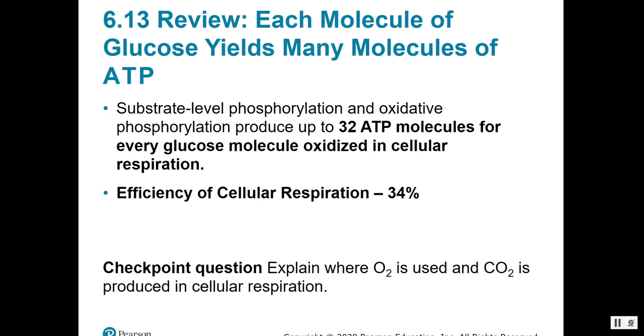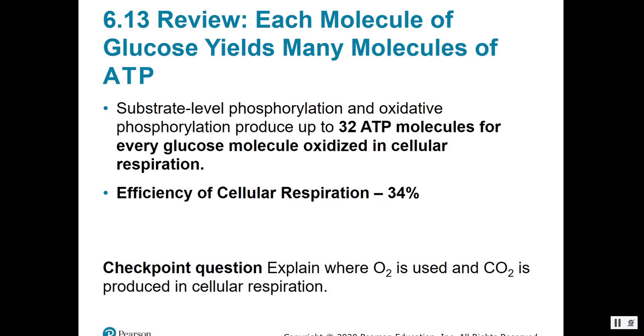Okay. Now, just as a review, the numbers. If you look at objective number 9, list the overall quantity of ATP made by cell respiration. That would be 32. And the efficiency of cell respiration, and that would be 34%. So with substrate level phosphorylation and oxidative, we produce up to 32 ATP molecules for every glucose oxidized in cell respiration.